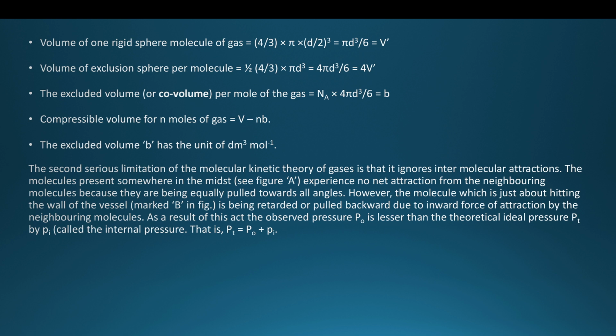However, the molecule which is just about to hit the vessel wall, marked G in the figure, is being retarded or pulled back due to the inward force of attraction by the neighboring molecules. As a result of this, the observed pressure P observed is lesser than the theoretical pressure Pt. That is, P theoretical equal to P observed plus correction term Pi.